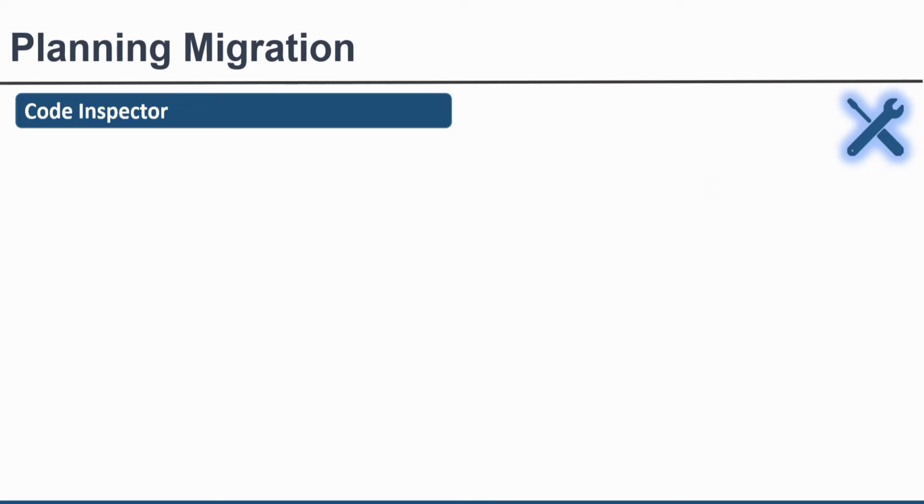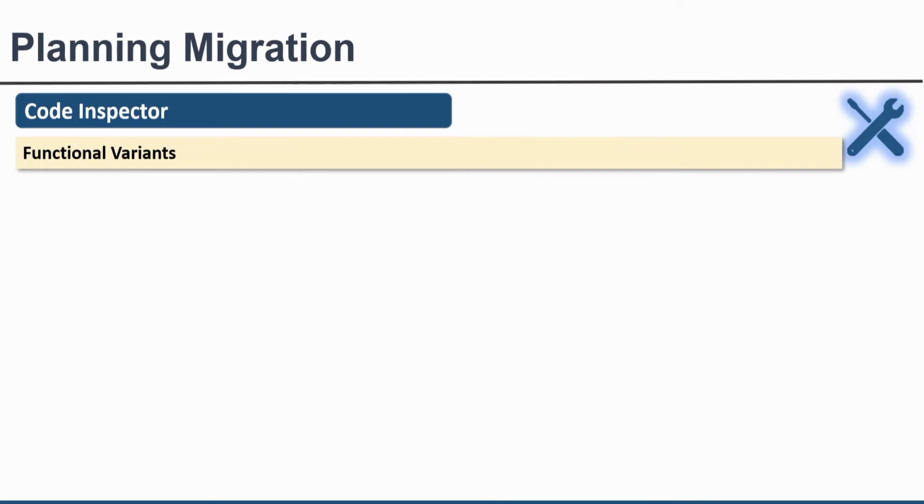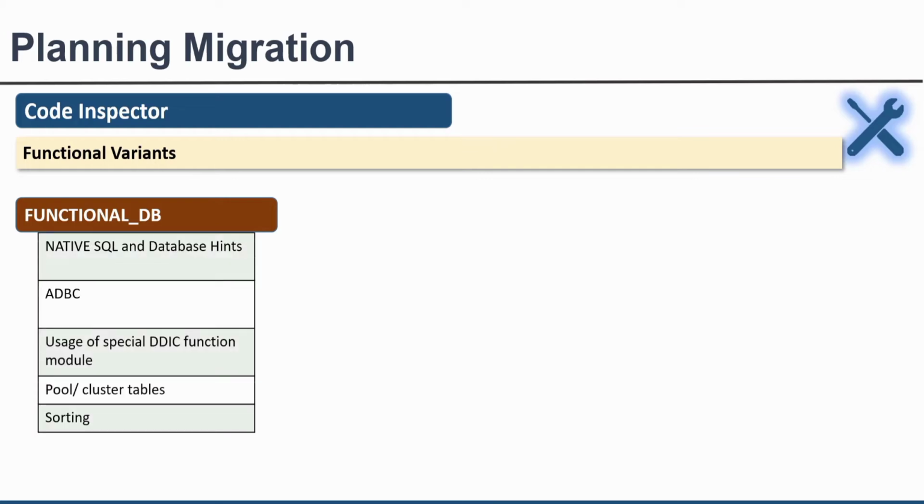Functional variants in Code Inspector. There are three functional variants given by SAP within Code Inspector check variants for HANA migration. First one is functional DB, which contains checks that are regarded as mandatory for the analysis of ABAP custom code as part of an SAP HANA migration. These checks primarily relate to areas of robust programming, security checks, and search functions.